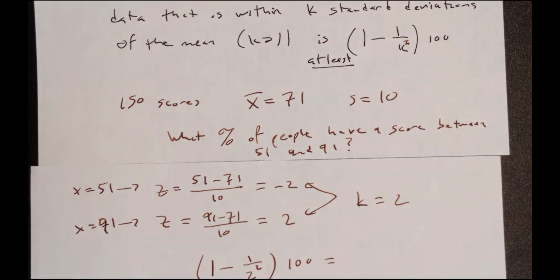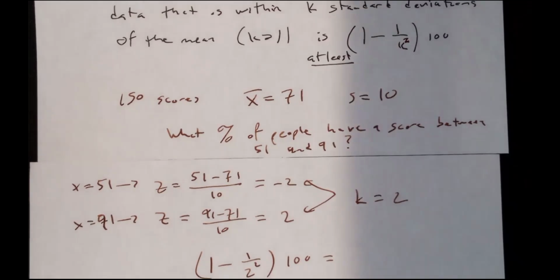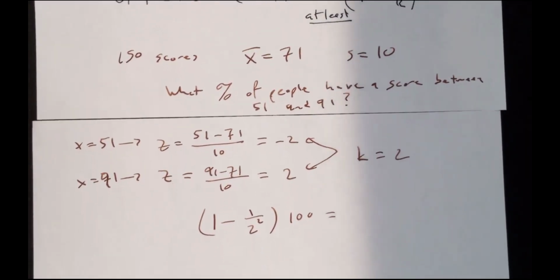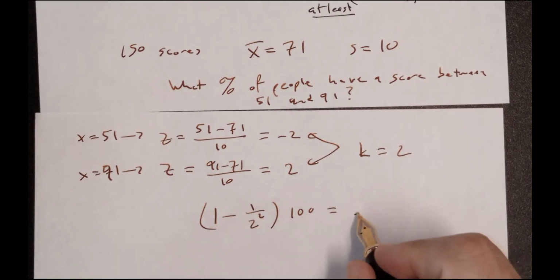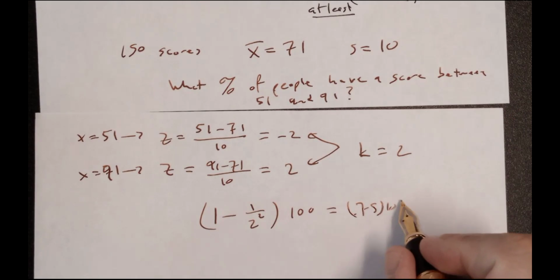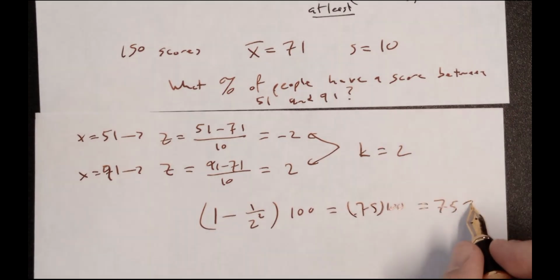So this is my correct number, 1 minus 1 over 2 squared times 100. What percentage is that? So 75%. Because this is 3/4, 1 minus 1/4, that's 0.75 times 100, 75%.